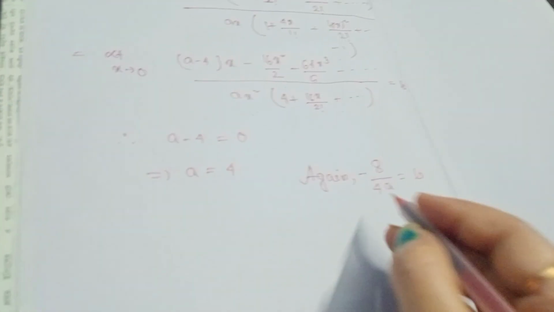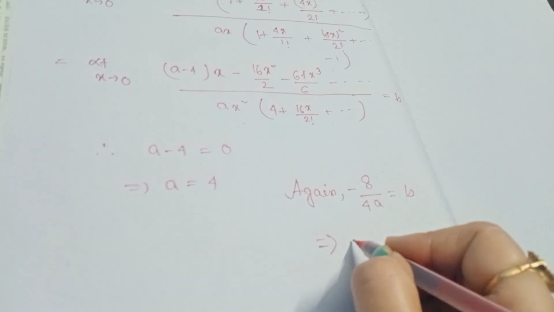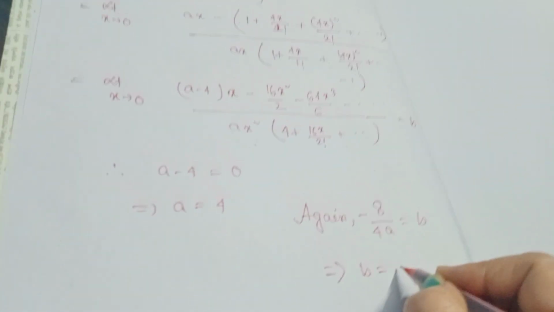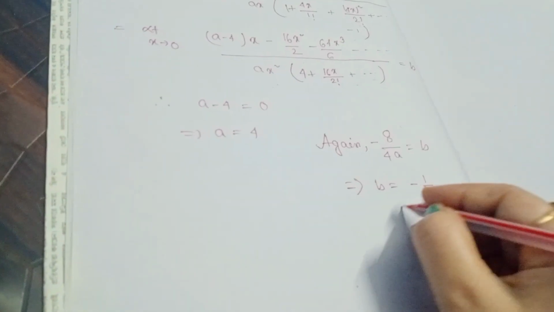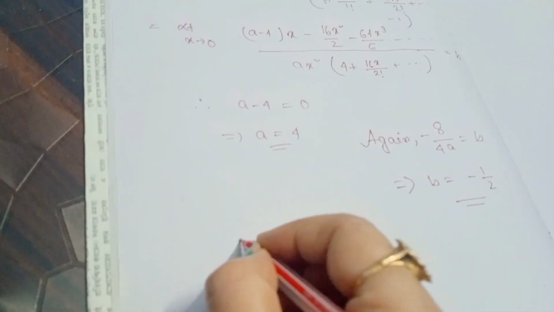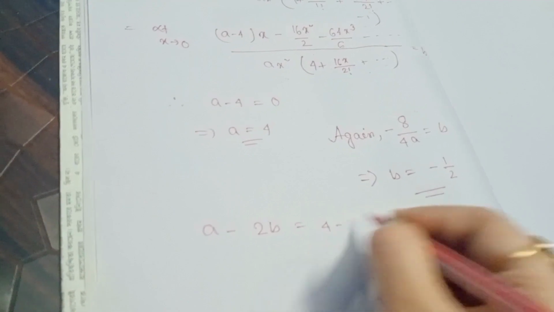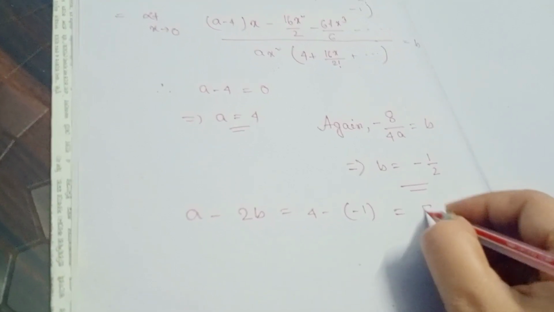Therefore b is equal to minus half. So here we get a is equal to 4 and b equal to minus half. So a minus 2b is equal to 4 plus 1, that is equal to 5.